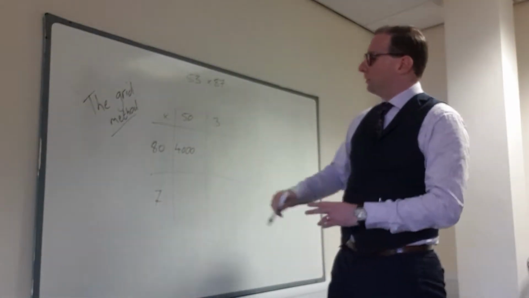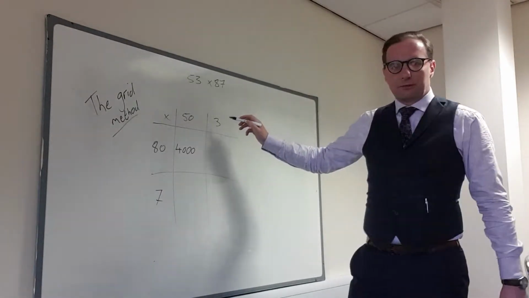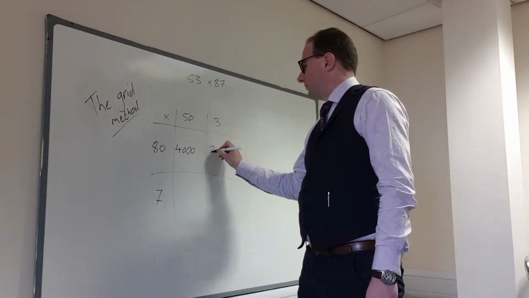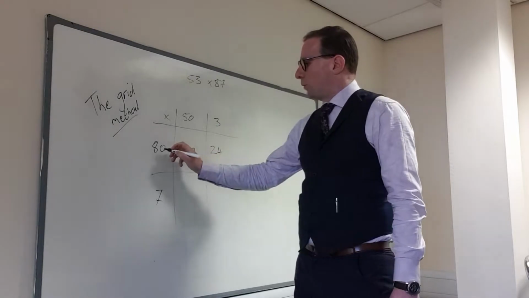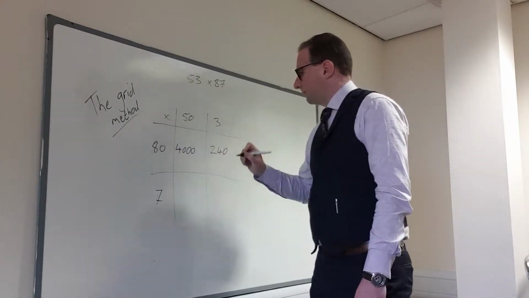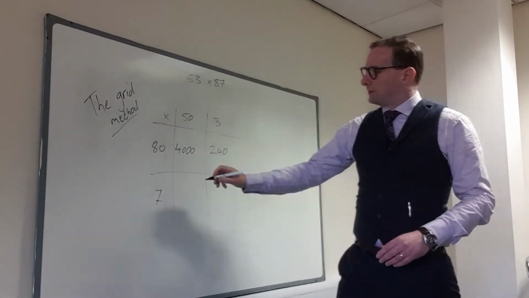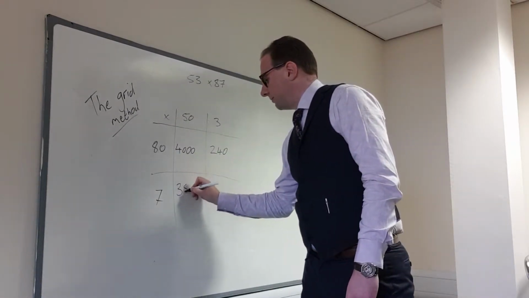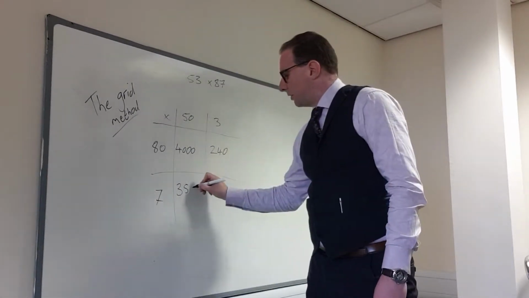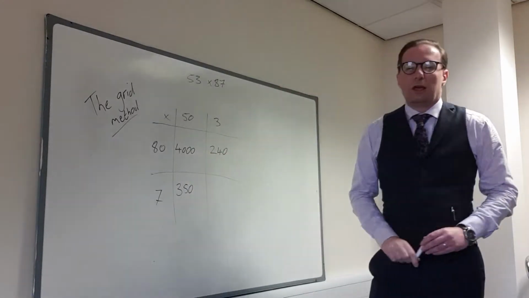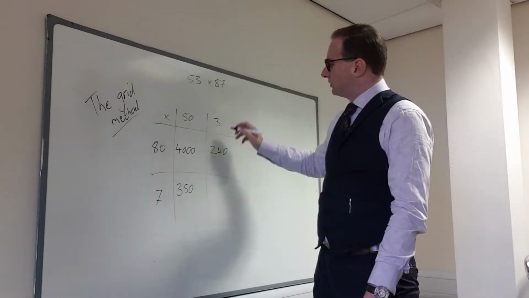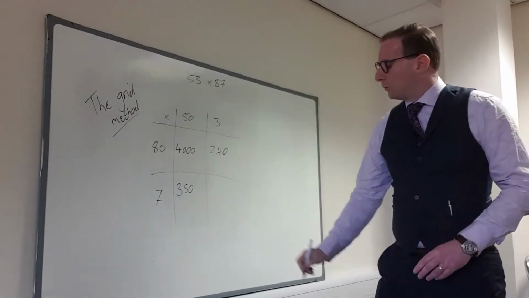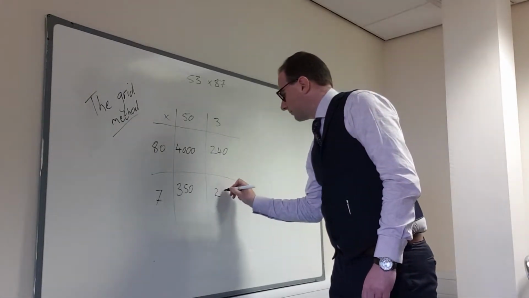So then we'll look at 8 multiplied by 3, which is 24, and then you add the 1 0 on. Then we'll look at 7 multiplied by 50, which is 35, and then you've got 1 0 to add on the end. And then we have 7 multiplied by 3, which is 21.